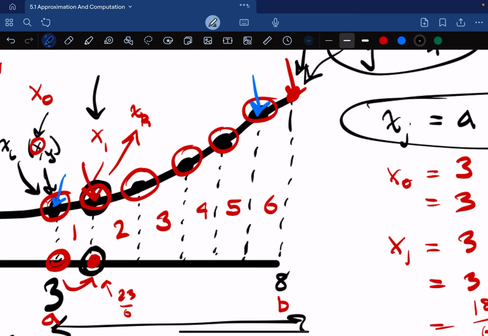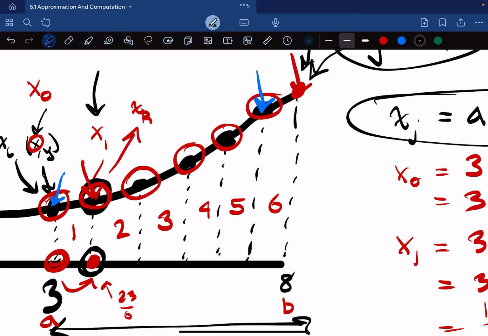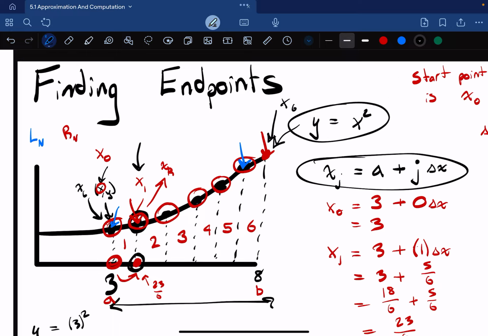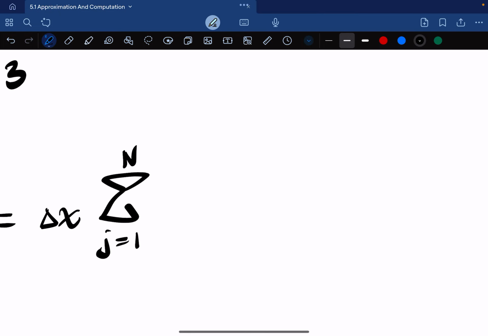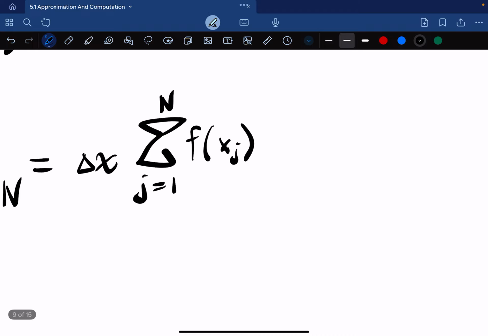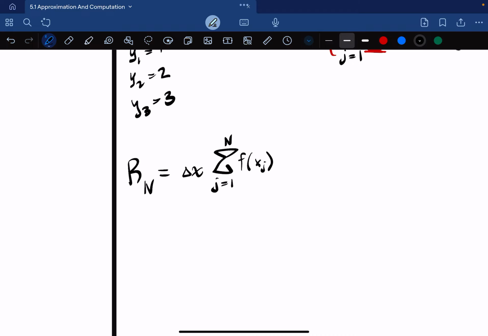So basically this just means that we go from the very first right endpoint to the very last endpoint. That is all that this j to n means.